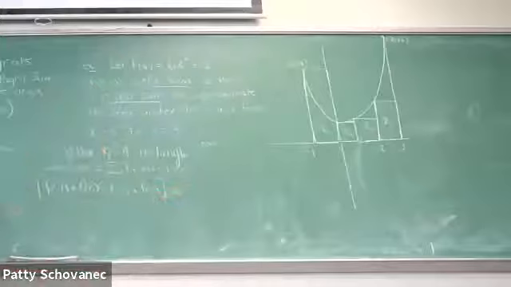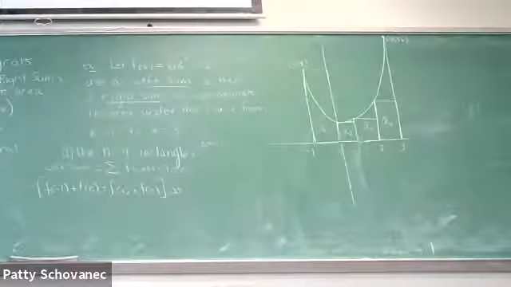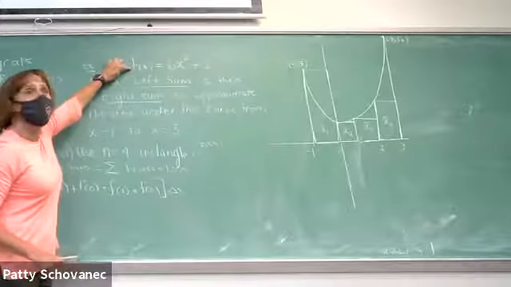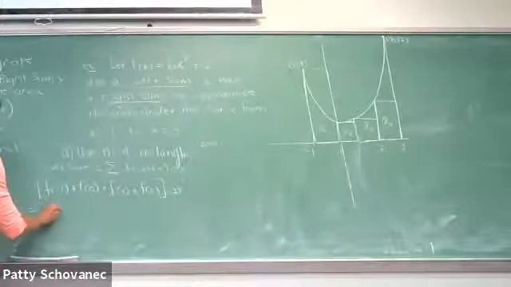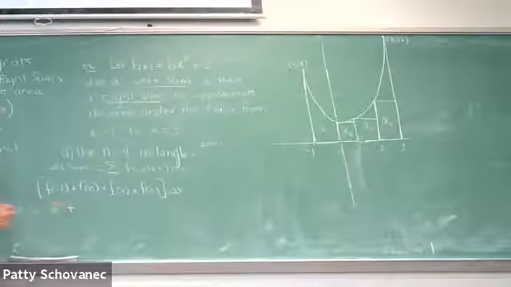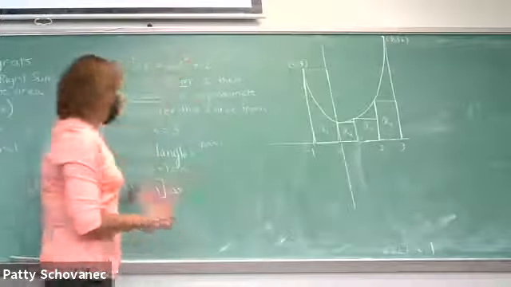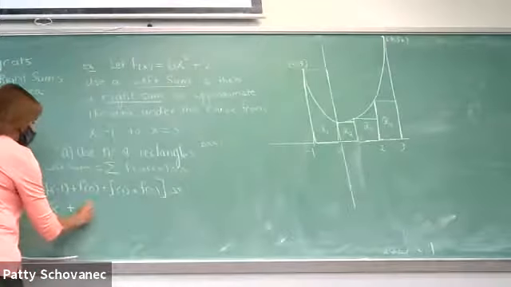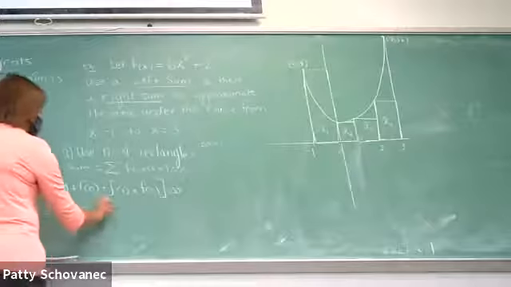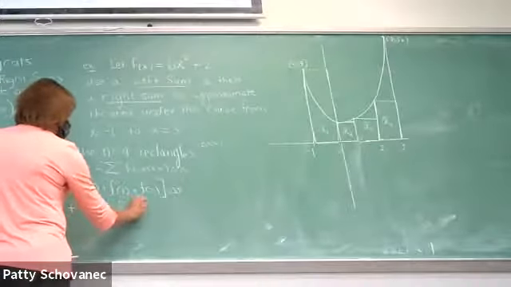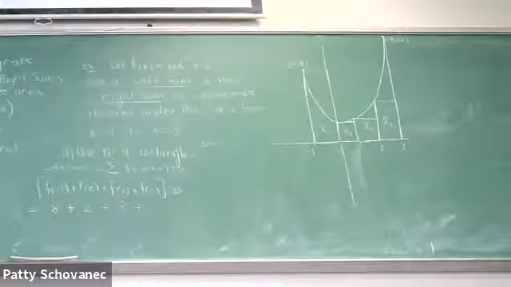Base is the delta x, height is the f of x. We get those numbers in the brackets by plugging them into here. I already have f of -1, that's 8. F of 0 I already have, that's 2. F of 1 is also going to be 8. Now it's your turn. Tell me what f of 2 is.